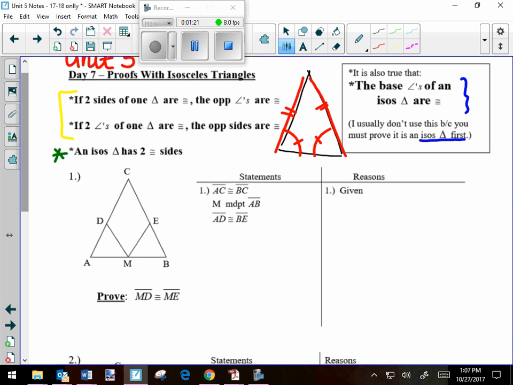So if we look at question number 1, you can see that they are asking us to prove that MD and ME are congruent to each other. When we are asked to prove segments congruent, oftentimes it is the case that you want to make the triangles they are a part of congruent first.